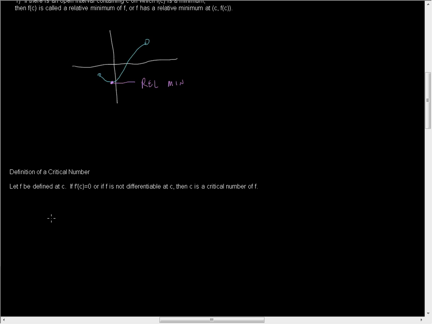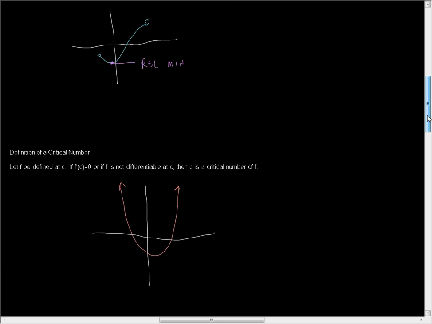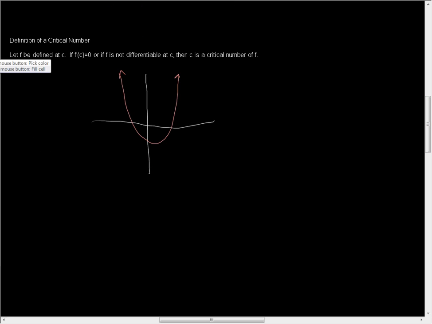If we take a quick look at an example, I'm going to do a graphical and a little bit of an analytical example. Notice there is no requirement here of an interval. It doesn't have to be open or closed. So I'm simply going to make a parabola. Now I want to know where the function has a derivative of 0, or whether it's not differentiable at c.